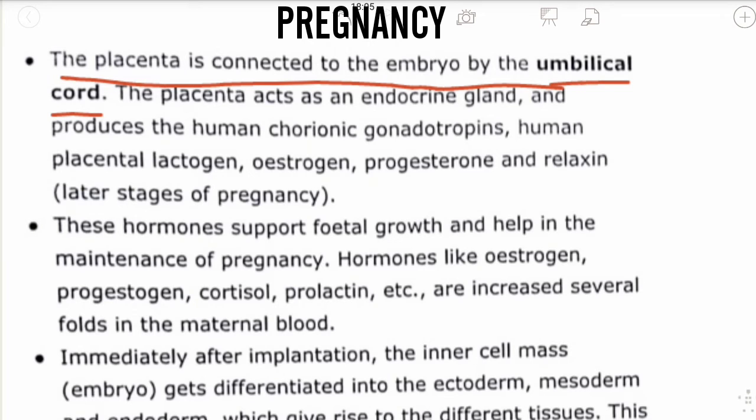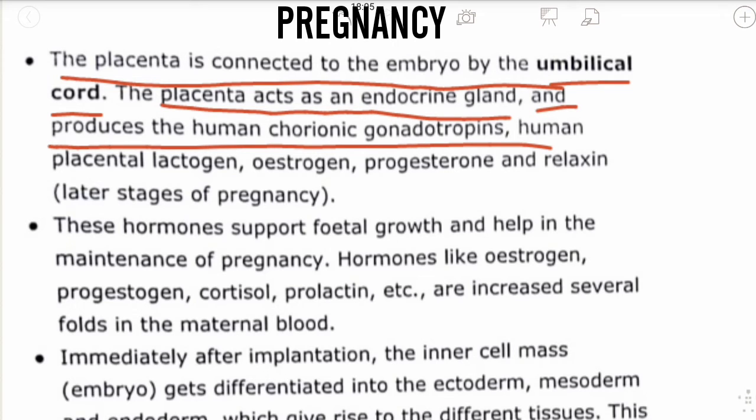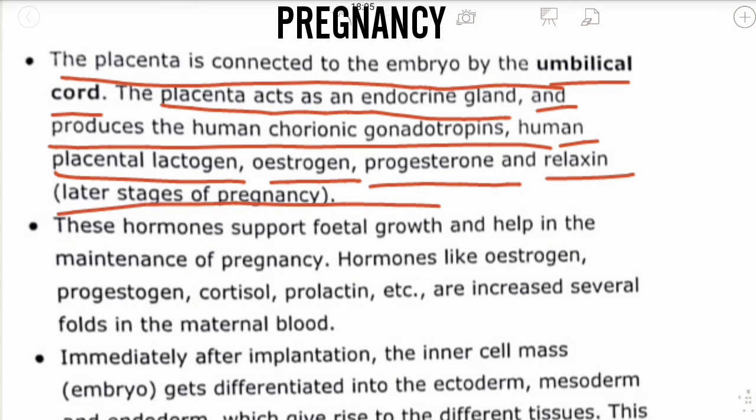The placenta acts as an endocrine gland and produces human chorionic gonadotropin, human placental lactogen, estrogen, progesterone, and relaxin in the later stages of pregnancy. Endocrine simply means forming different types of hormones.